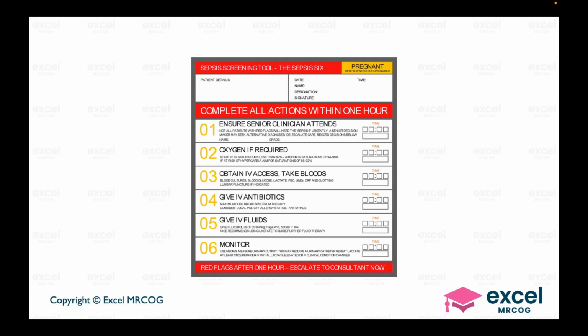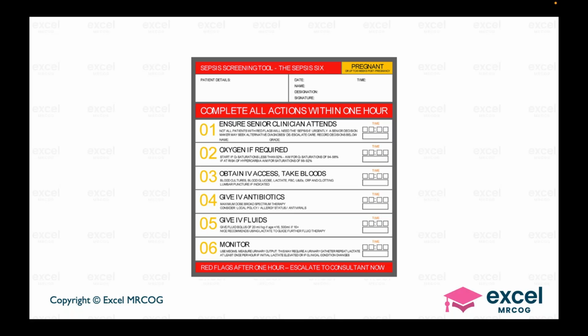Okay, so start if the saturation is less than 92. Obtain IV access. Take the blood for all those investigations that we have mentioned, particularly your blood culture. After blood culture, give your IV antibiotic, and it has to be given within 1 hour. Then you give IV fluids, and then you monitor. Okay, so when you monitor, you have to monitor the urine output as well.